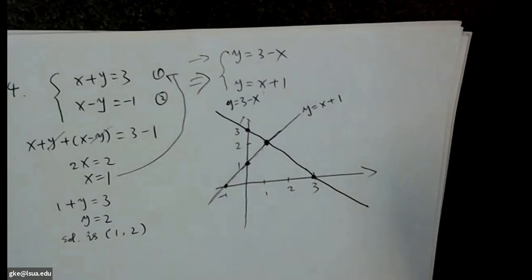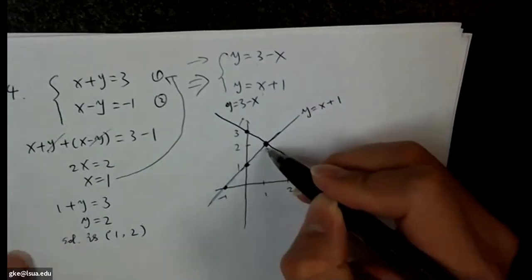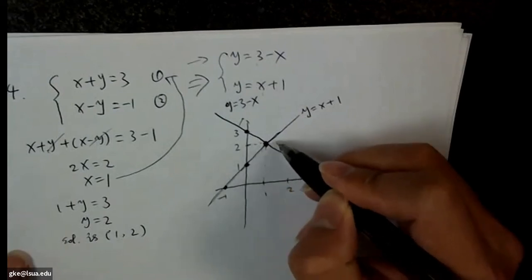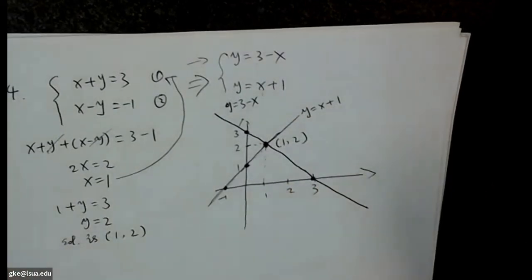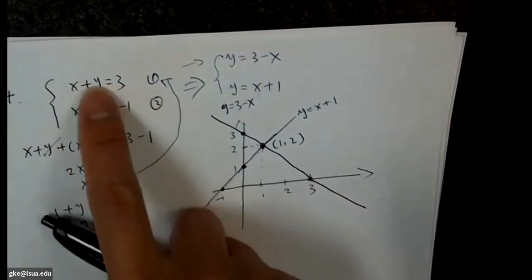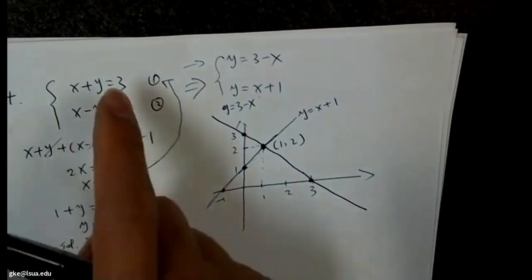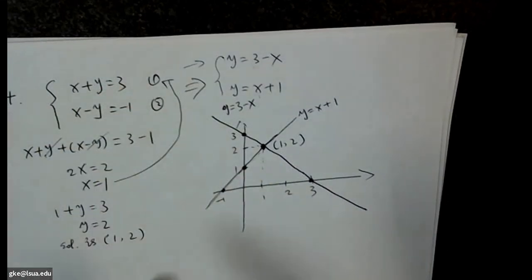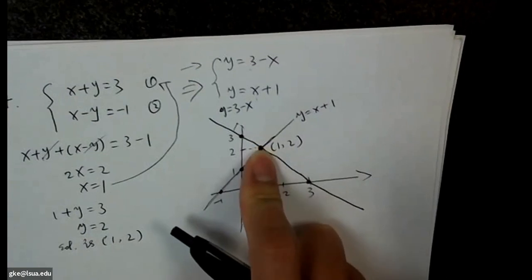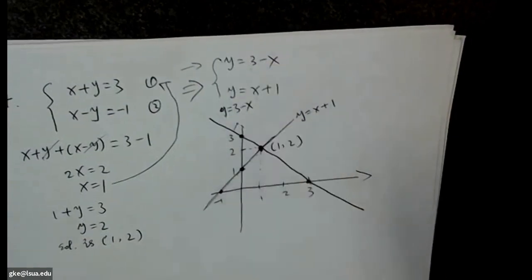This intersection point corresponds to (1, 2). Did you see it? (1, 2) is the solution of these two linear equations. So that's the meaning of the solution of these two linear equations. We use a picture to show you that it is the intersection of these two lines.